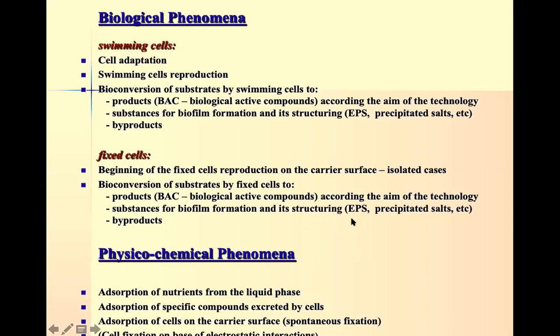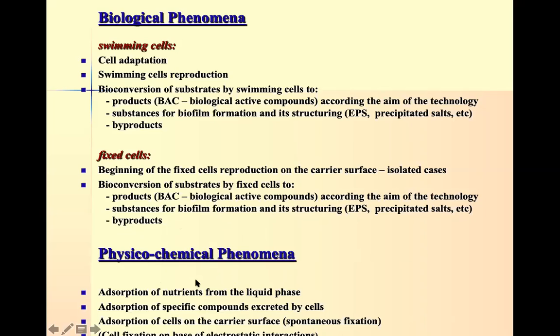Obviously, substrate for biofilm formation and its structuring is facilitated by the application of exopolysaccharides, precipitated salts, secreted from the biofilm forming bacteria or organisms. And there are some byproducts also.